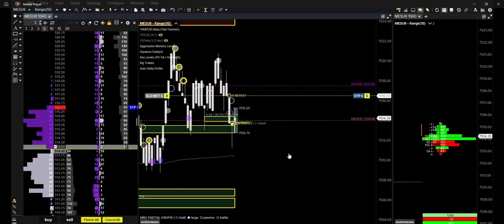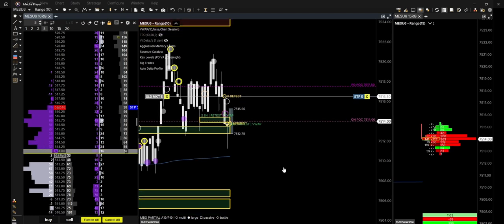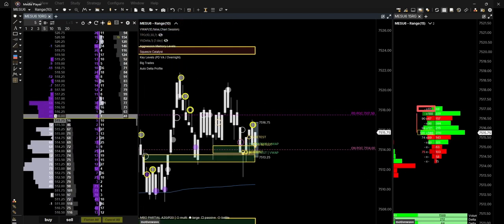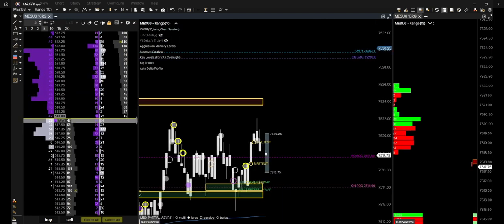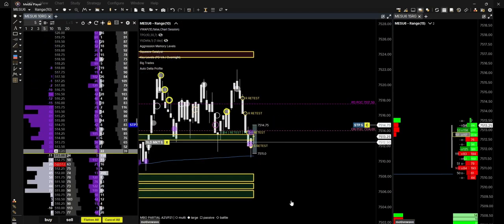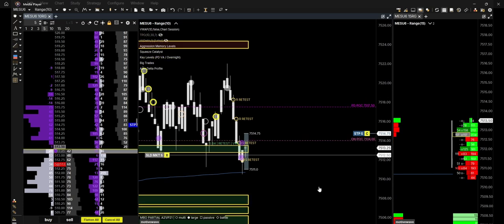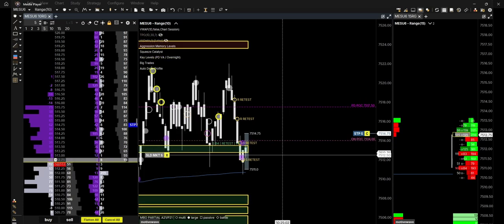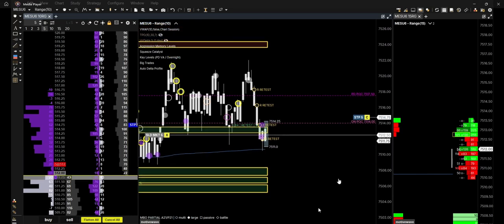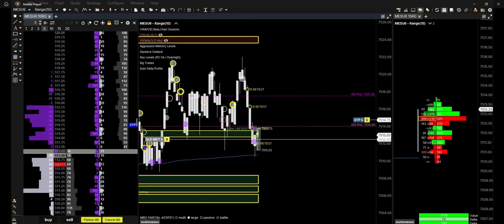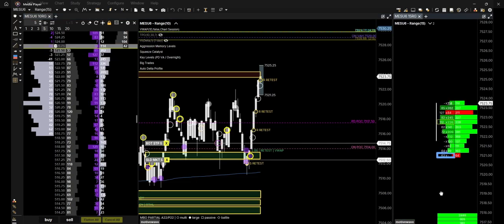Let's see if it printed. And I think I kept on taking shorts out of frustration. At that moment, I should have stopped, taken a breather, and stopped trading this chop, since it was just messy.